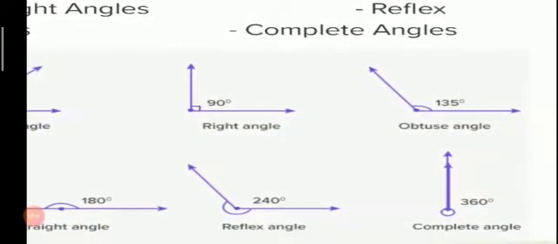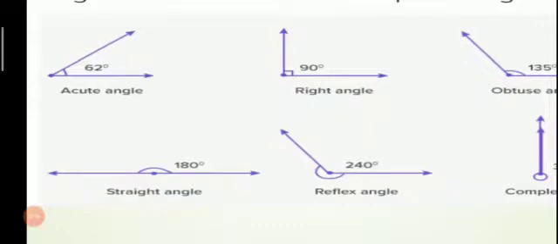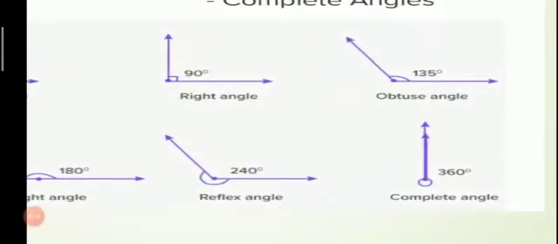Obtuse angles are less than 180 but greater than 90 degrees. Straight angles are always 180 degrees. Reflex angles are greater than 180 degrees but less than 360 degrees. And complete angles are exactly 360 degrees.